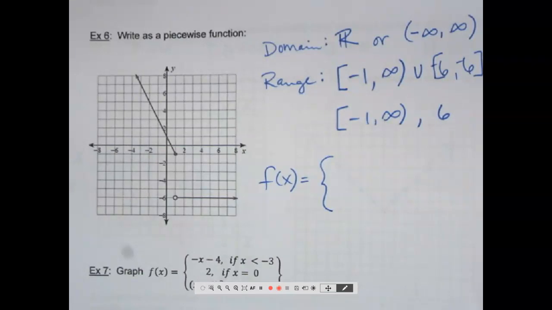What's your equation of that line? Anybody? -2x plus 1. Do we all agree? All right, I do too.